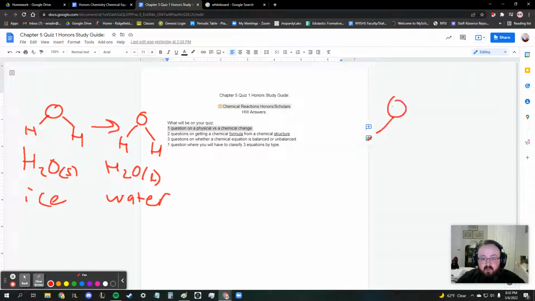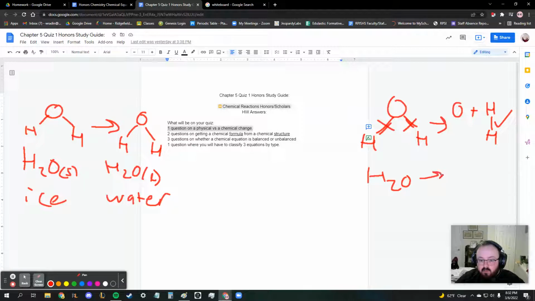But if you go from H2O and you break this thing down like this, technically you should have another oxygen, but you've broken this bond. This bond has been broken, and this bond has been formed, so you've changed something. You end up with H2 and O2.